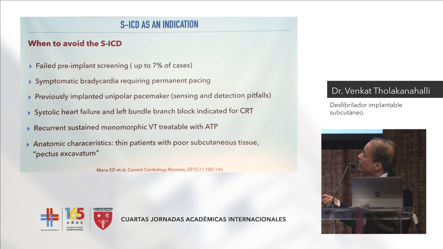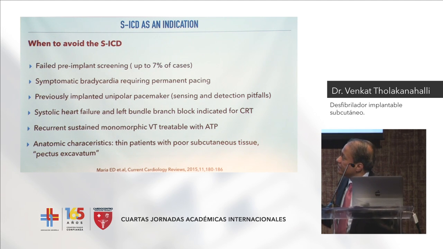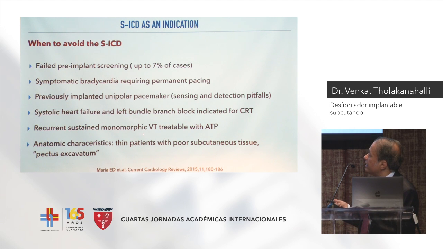Then when to avoid: when you screen, the 7% of the patients we screen usually turn out to not be good candidates, and you should not implant them. If they have bradycardia and need pacing, you should not implant. If a previously implanted unipolar pacing system has any sensing issues, you should think twice about implanting this particular patient. And systolic heart failure patients who need CRT are not good candidates.